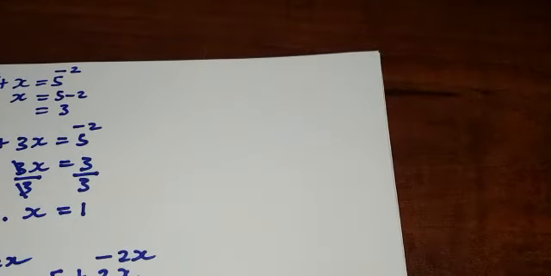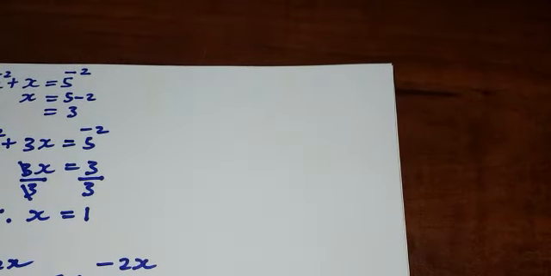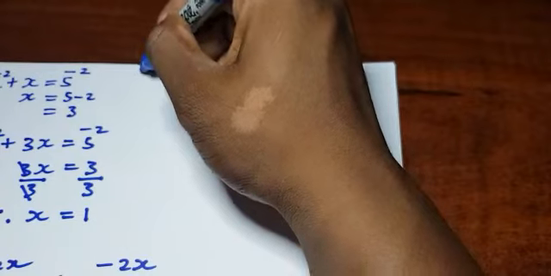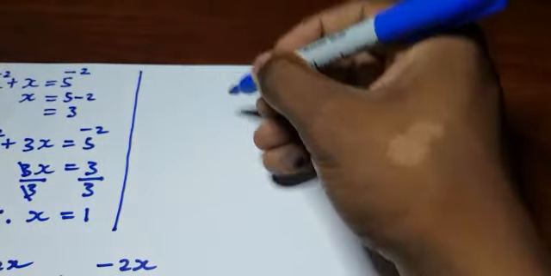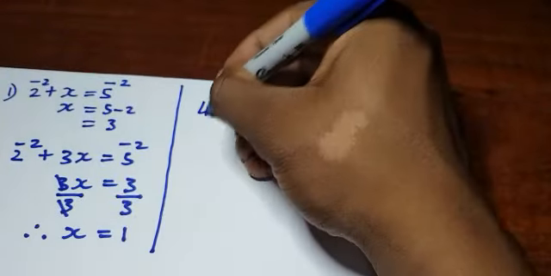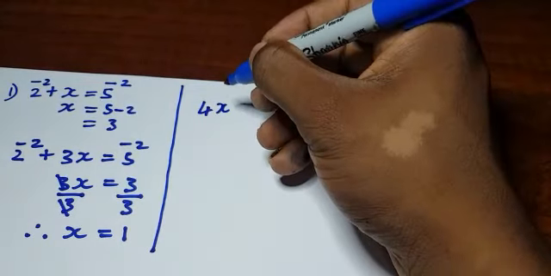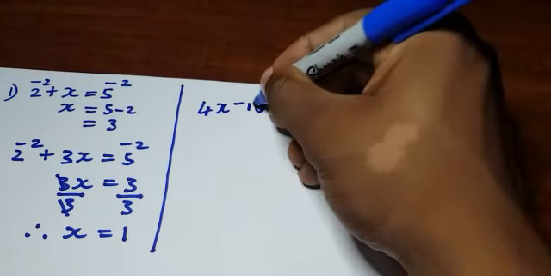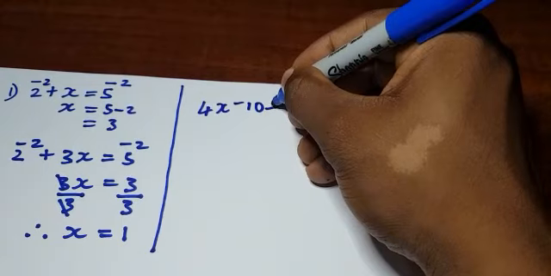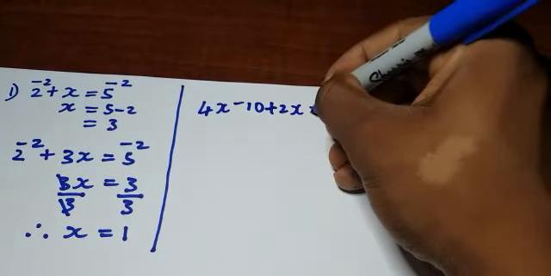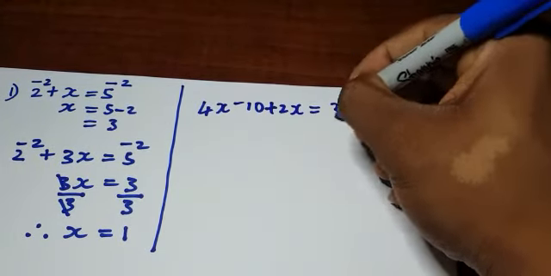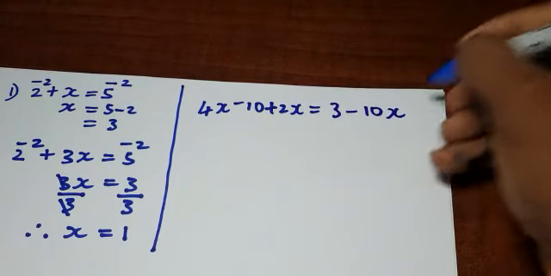Okay, let us look at another example real quick. Something a little more, so I'm going to try and divide the page a little. All right, so for example, 4x minus 10 plus 2x equal to 3 minus 10x.